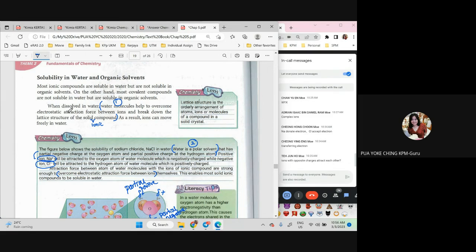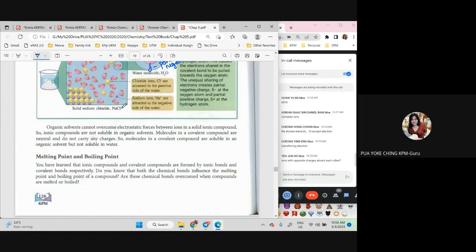And then, why do ionic compounds not dissolve in covalent solvent ataupun organic solvent? Organic solvent, dia tak boleh overcome electrostatic force. And point 2, organic solvent is not a polar solvent. So, organic solvent senang sikit.